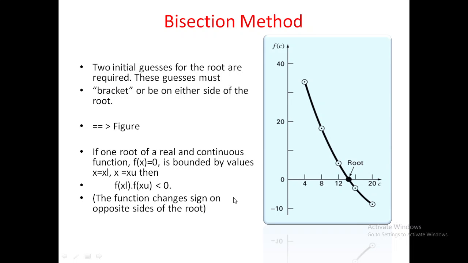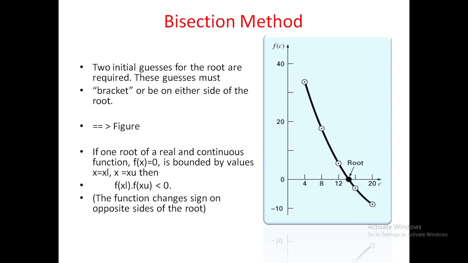We'll see what the bisection method is. In the bisection method, we first assume two initial guesses are required. In this graph, I have shown this point that intersects the x-axis. The black spot is the root. First, we want to guess two initial points or values.